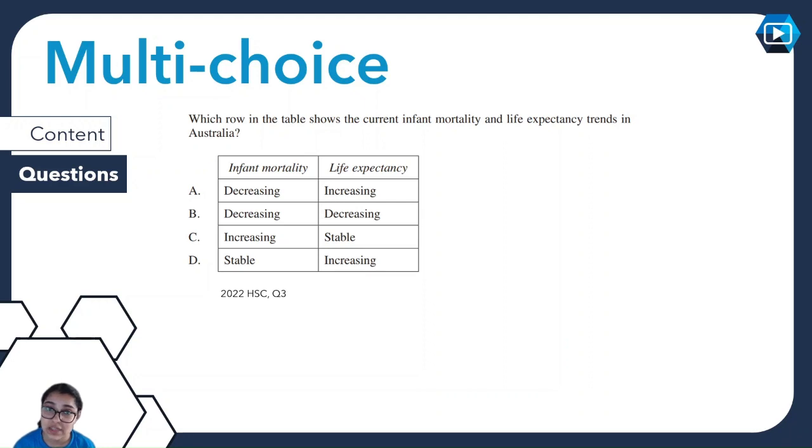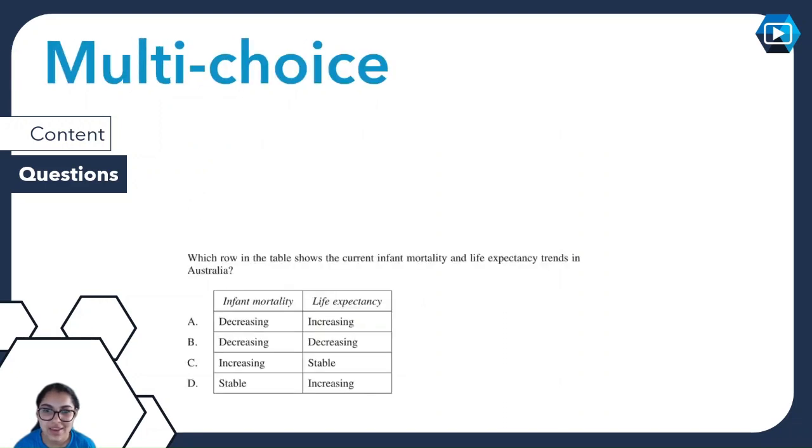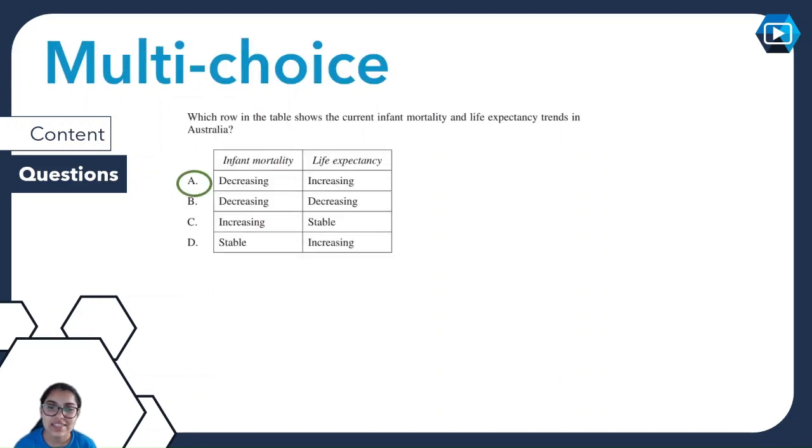Life expectancy, on the other hand, as a result of those technological innovations and greater access to medicine and medical institutions, we would see is generally increasing. And in the graph that we saw earlier, we could see that life expectancy was on the increase. And so in this case, our answer will be A. So decreasing and increasing.